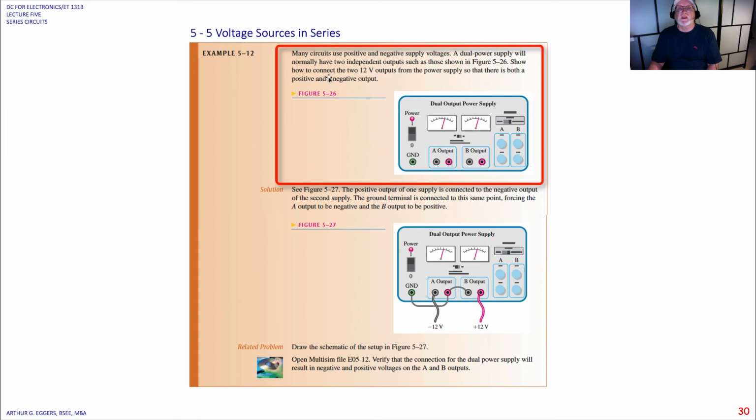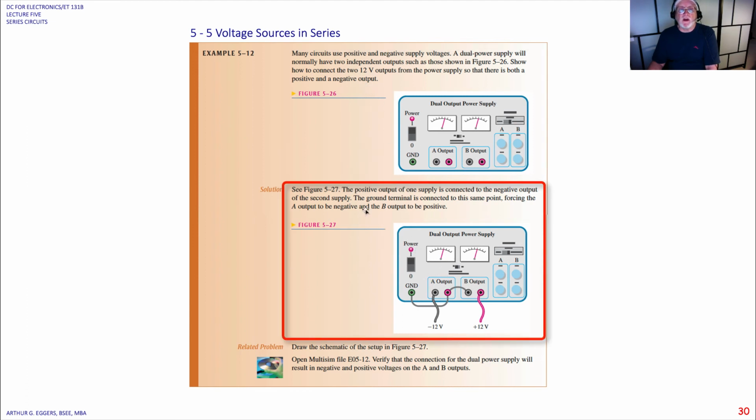Show how to connect 2 12-volt outputs from a power supply so that there is a positive and a negative output. So if we look at the diagram below, the positive output of one supply is connected to the negative output of another supply. You would do the same thing with batteries.